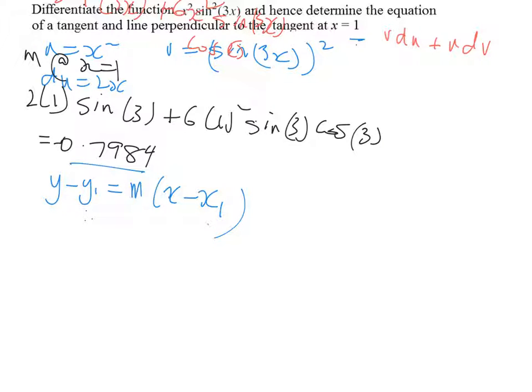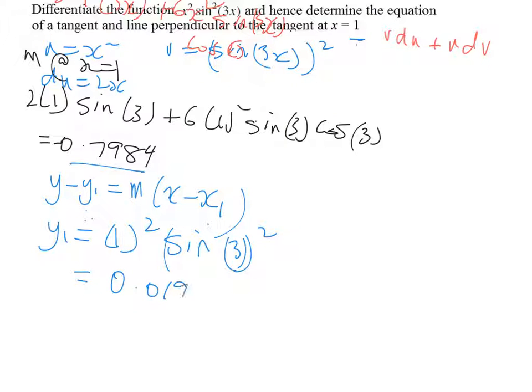So y1 equals 1 squared times sine of 3, all squared, and we end up with 0.0199.